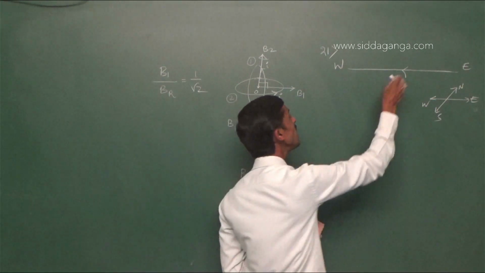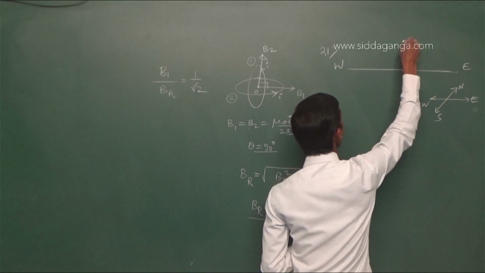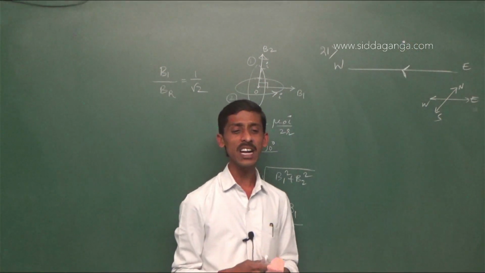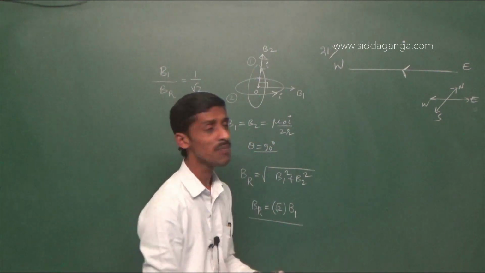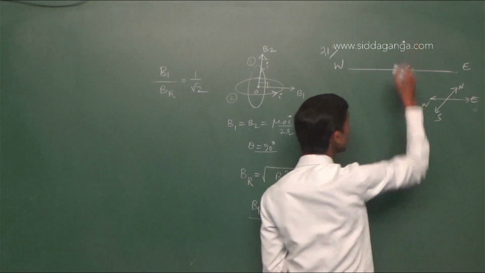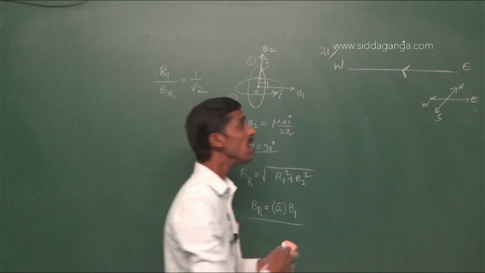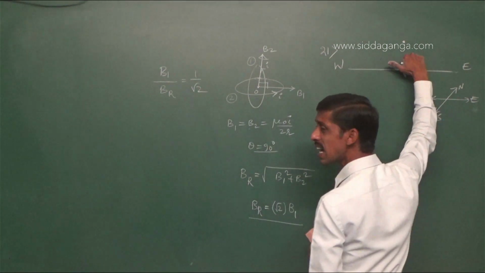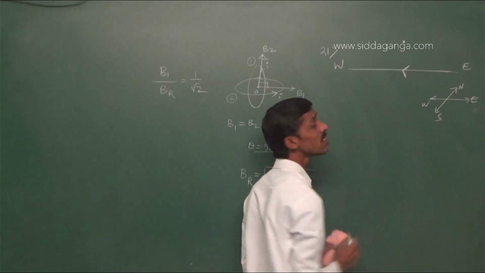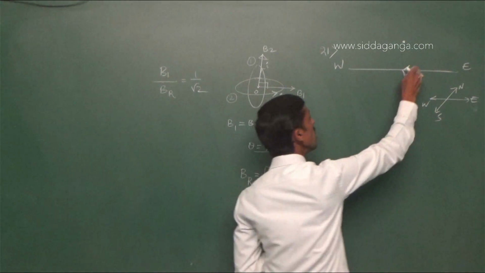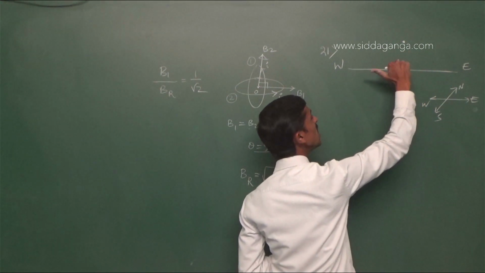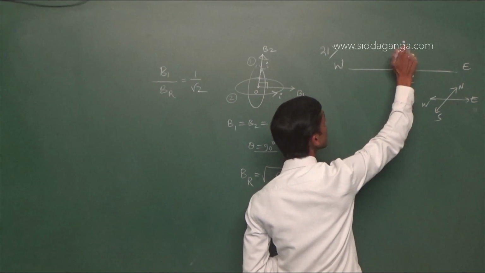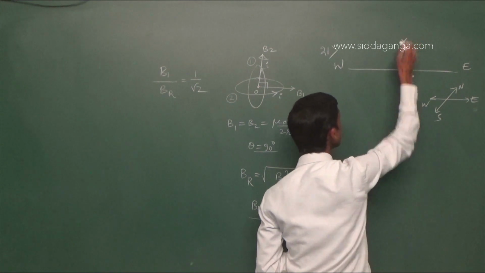For any point above the conductor, the direction of the magnetic field, according to the magnetic field line pattern, you can say, according to the right hand rule, if you hold the current carrying conductor with your right hand such that the thumb indicates the direction of the current, then how the fingers curl around the conductor indicates the direction of the magnetic field.